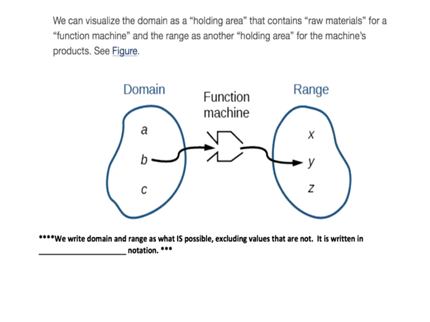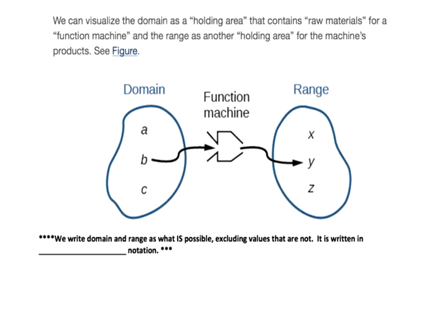Okay, so this is just a visualization of domain and range. You could think about domain as being sort of your potential energy, your holding area that contains the raw materials that are going to go through your function machine, and what comes out on the other side is that actual manifestation.